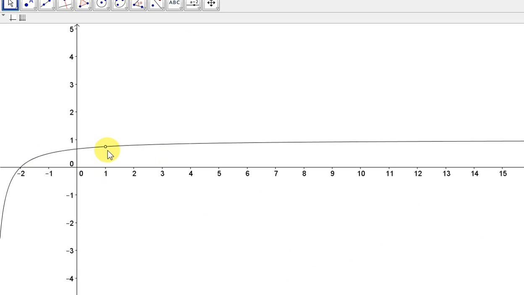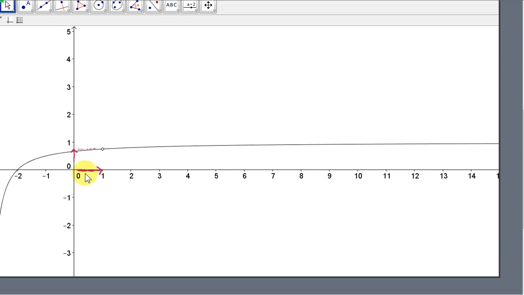As a matter of fact, the coordinates of this point are 1, 0.75. So as x approaches 1 from the left, f of x approaches 0.75 from below. And as x approaches 1 from the right, f of x approaches 0.75 from above.